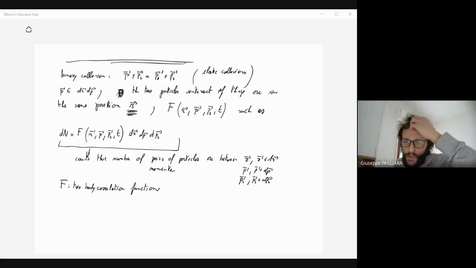Why do I need to introduce this function? Because I know that I need to introduce the cross-section at some point, or a matrix element of the interaction, which is completely unknown, and we will just treat as a symbol.